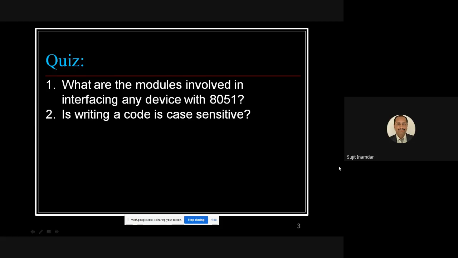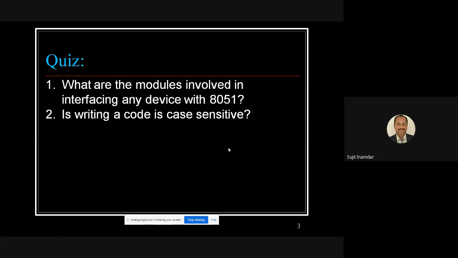And the second question is: for writing code for 8051, is it case sensitive? We have seen this long back. Are you remembering or not? I want to check that. So what is the exact answer for this one?